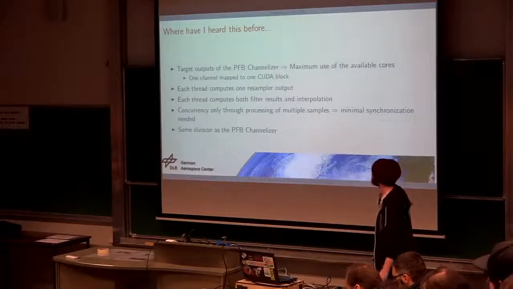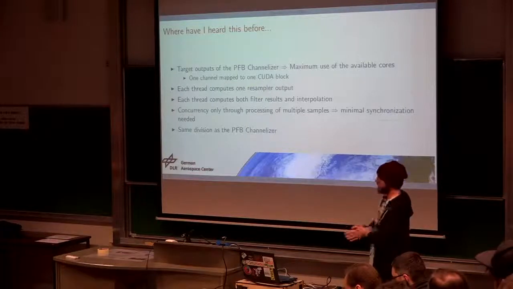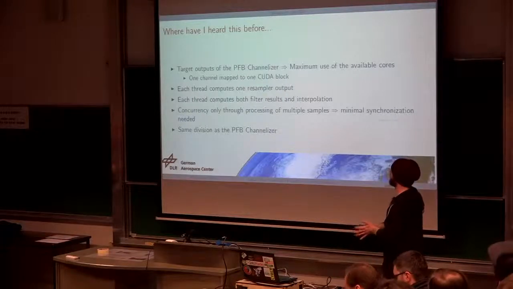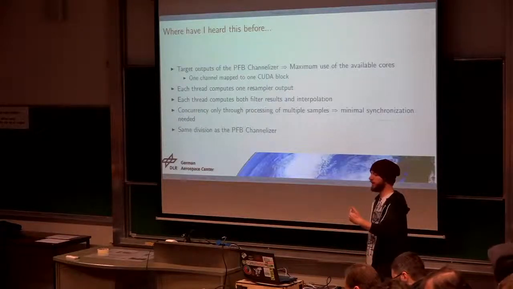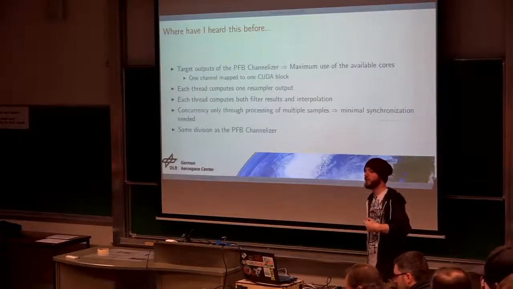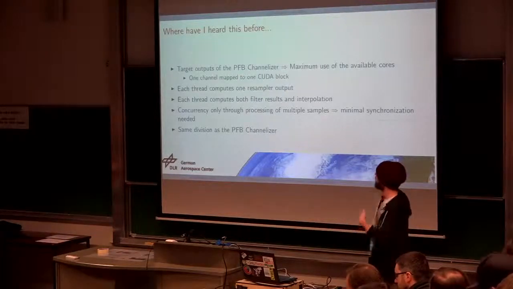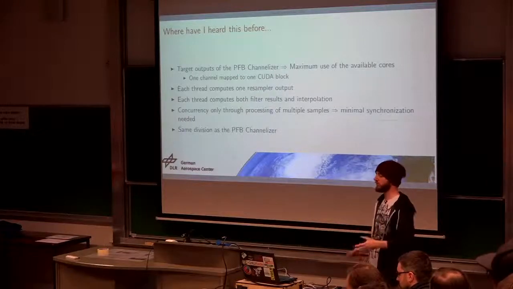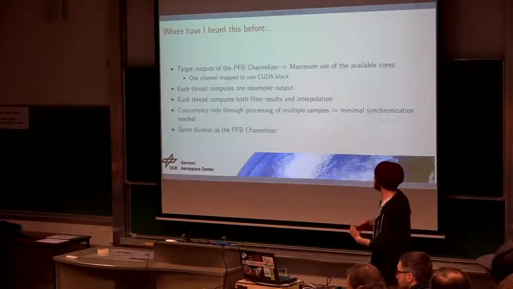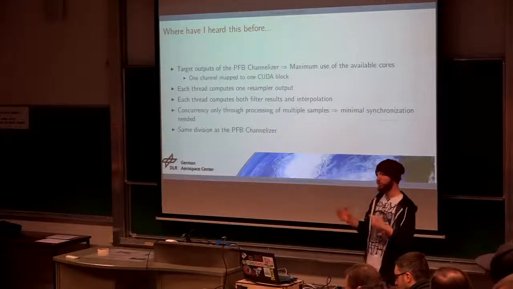So how do we do this now with the resampler? We basically do the same as we did before with the channelizer. The channelizer outputs 45 channels, and we resample all 45 channels at once. So we have one channel mapped to one CUDA block. Each CUDA block takes care of resampling one channel, and each thread inside this block computes one resampler output.